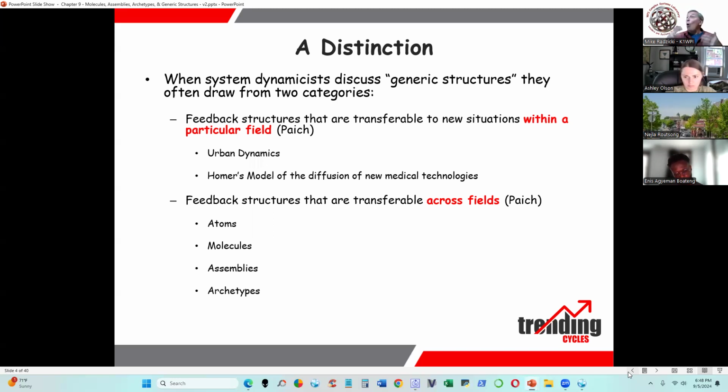Paich says another way to think of a generic structure is as feedback structures that are transferable across fields. And this, I think, is where you get into molecules and assemblies. Stella calls them assemblies. Vensim calls them molecules. They're essentially the same thing. Different terminology we want to be aware of.